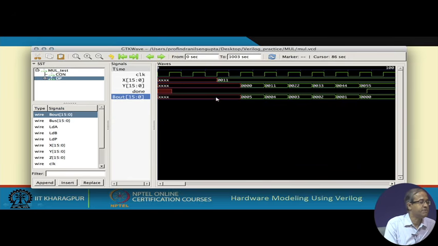Initially it was 5, then it goes to 4, 3, 2, 1 and then 0, and the output of Y just gets added. It was initially 0, then 1 means 17, then 2 means 34, 3 means 51, 4 means 68, 5 means 85. And here the value of done becomes 1, that means it is done.